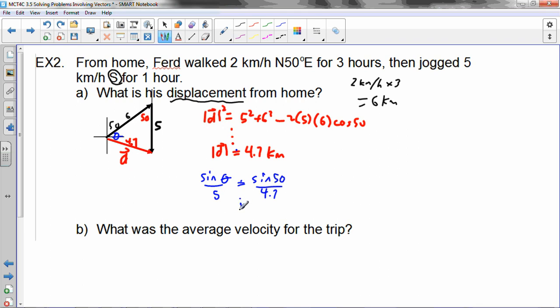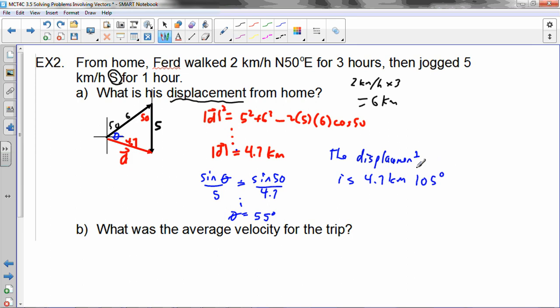And then cross multiply, inverse sine, and I get the angle is about 55 degrees-ish. So if this is 55, then I could see the displacement is 4.7 kilometers on a bearing of 50. This is 50, and then another 55, 105 degrees.